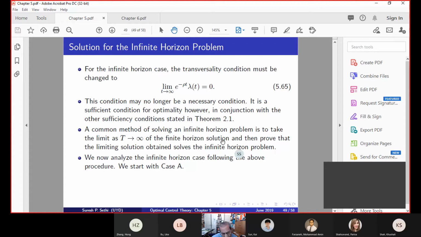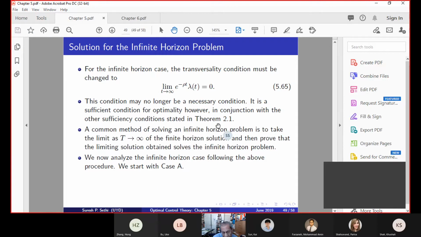So the way you solve an infinite horizon problem is to solve a finite horizon problem, and then you take a limit of that finite horizon solution, and then you show that the limit actually gives you the solution of the infinite horizon problem. It's not just enough to take the limit, but you also have to show that the limit solves the infinite horizon problem.